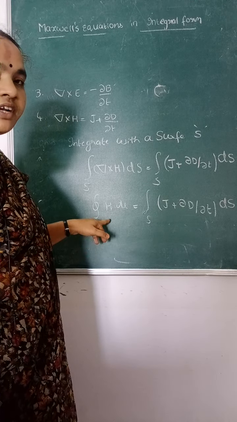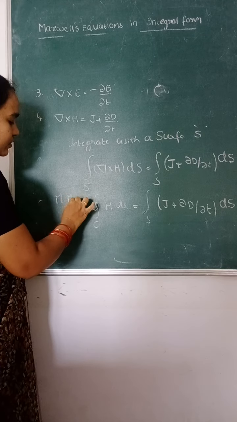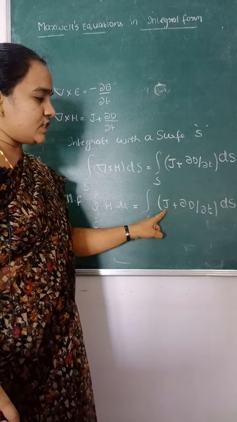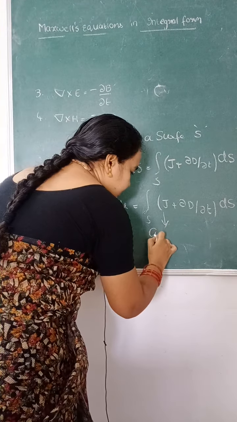The closed integral of H dot dl is called magnetomotive force. The surface integral of J dot ds is called conduction current.